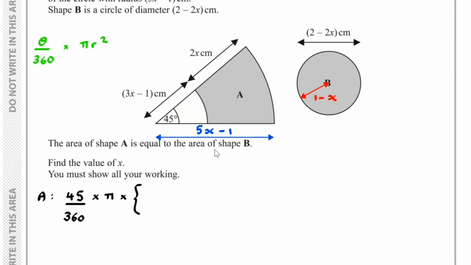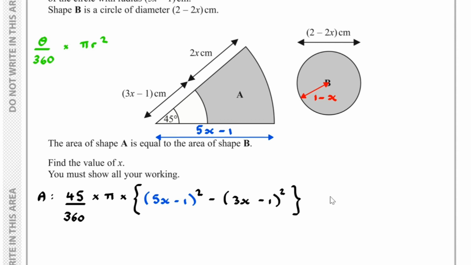So what we can do here is find the difference between those. We've got r squared as the radius of the sector. We've got the larger sector, 5x minus 1, and then we square this. And then we've got the smaller sector, 3x minus 1, all squared.